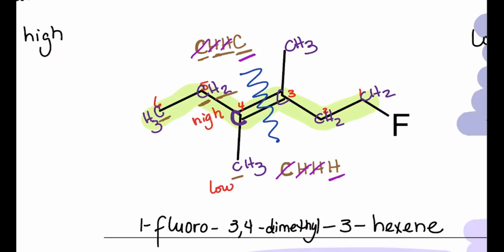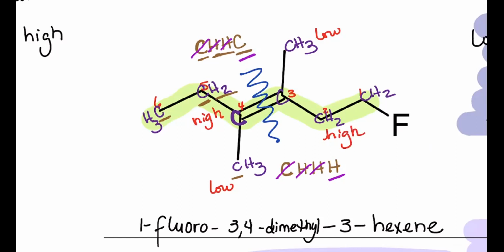So what would you guess when we look at the situation of carbon number 3? What would be the label of the CH3? Excellent. This is a low priority group. And then the CH2 with everything else that is attached to it is a high priority group.